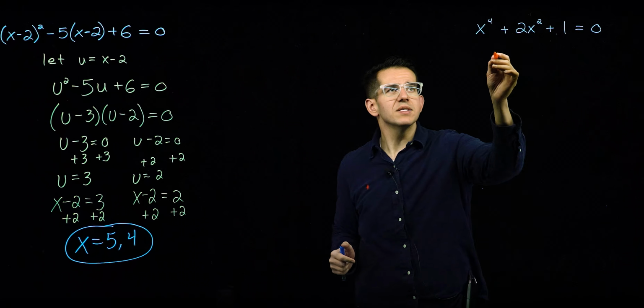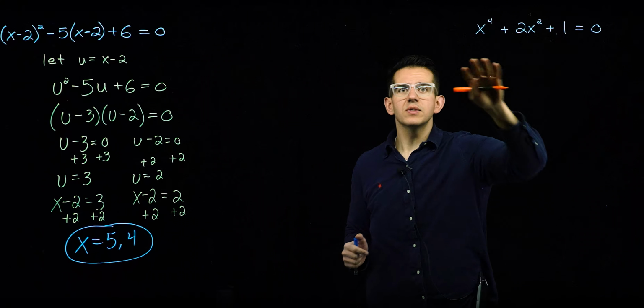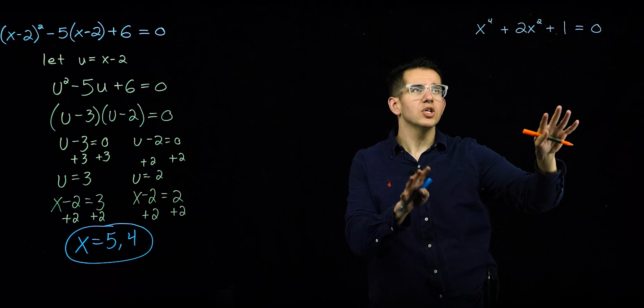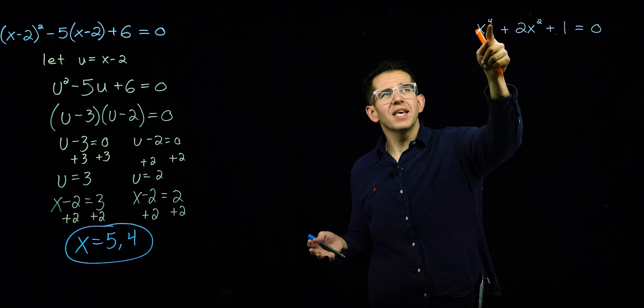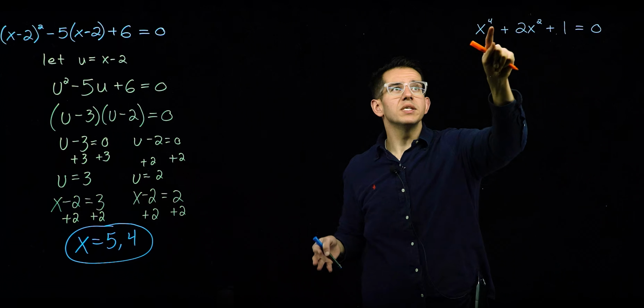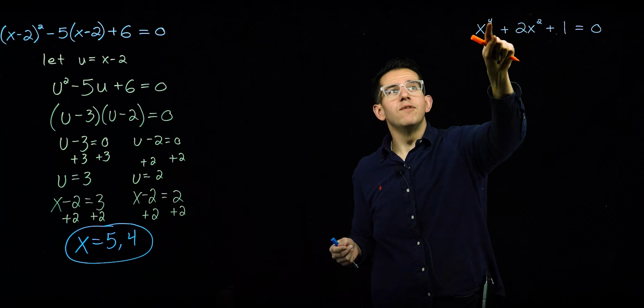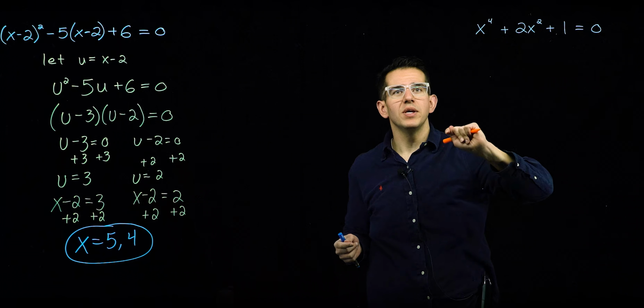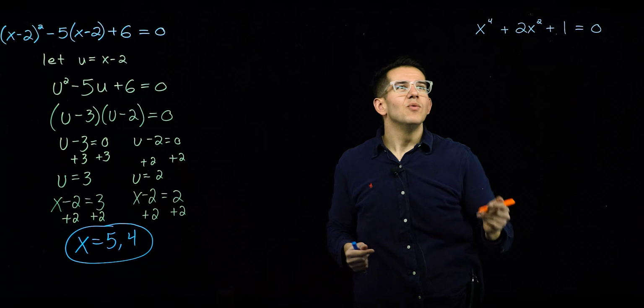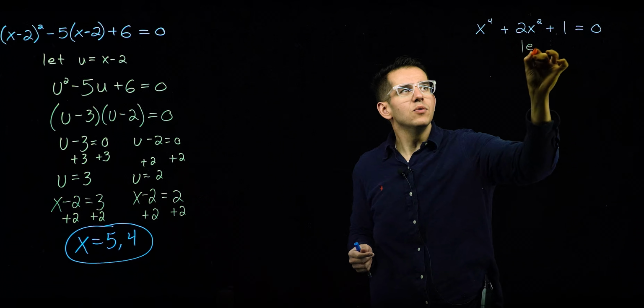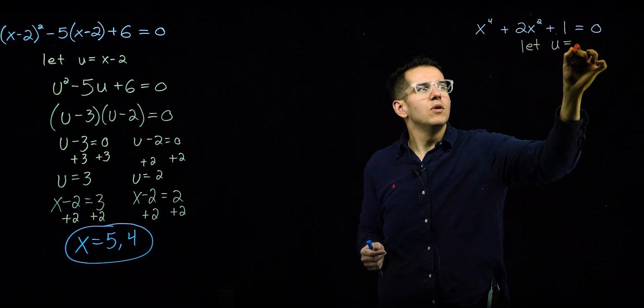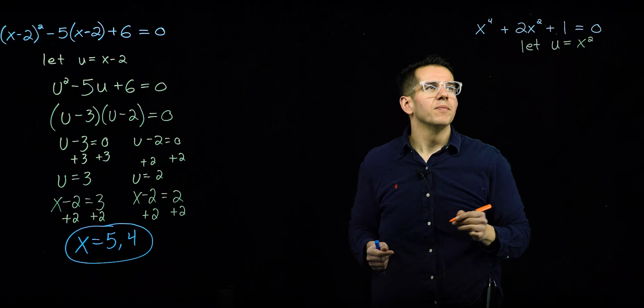Okay, trying this out, this again looks like a quadratic equation that we're used to, but in this case, instead of parentheses, we're dealing with an exponent of 4 here and an exponent of 2 here. So why don't we say let u equal x squared?